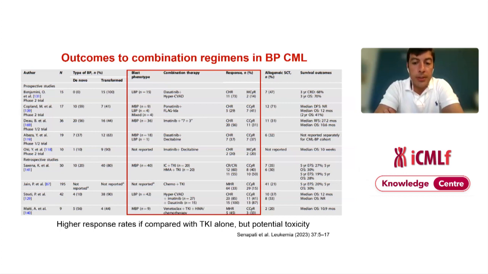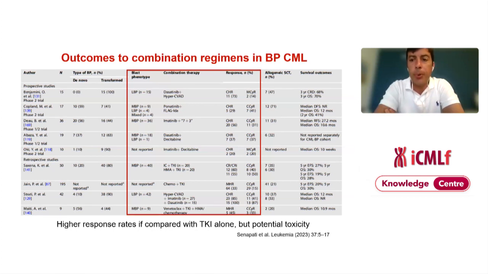However, the results were not satisfying, but probably we are able to induce a higher response rate with the combination of conventional chemotherapy and TKI compared to TKI alone, but with higher toxicity for our patients. So if we have a patient in blast phase, and the patient is able to tolerate the combination of TKI and conventional chemotherapy, we should prefer this strategy to the use of TKI alone.